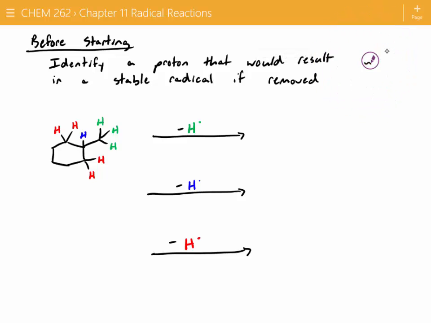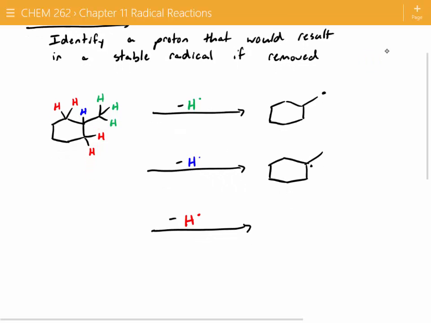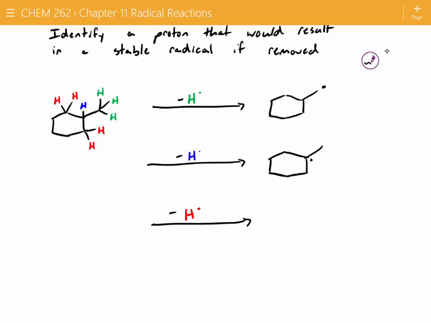If we remove the green one, we form a primary radical. If we remove the blue one, we form a tertiary radical. And if we remove the red one, we form a secondary radical.